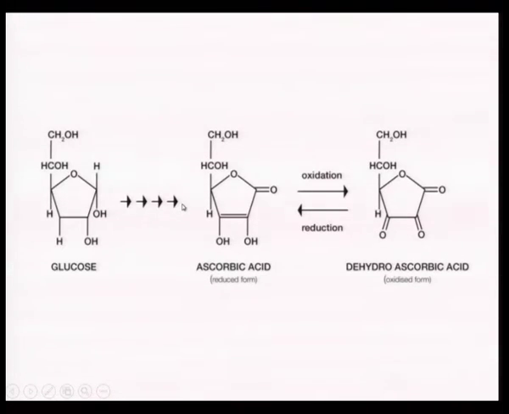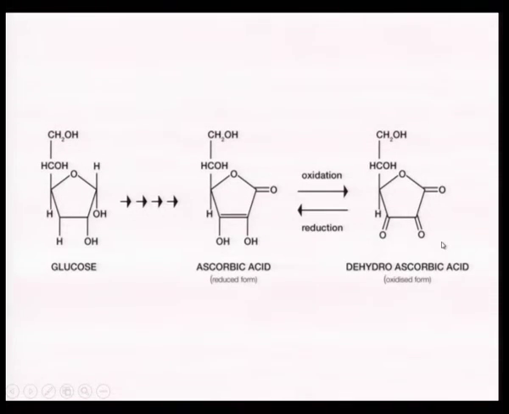Now, this ascorbic acid undergoes oxidation, and you see over here there are hydrogen atoms removed from both the hydroxy groups. The keto group remains. So, you know the definition for oxidation and for reduction.